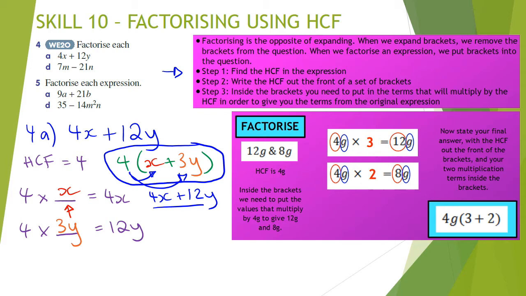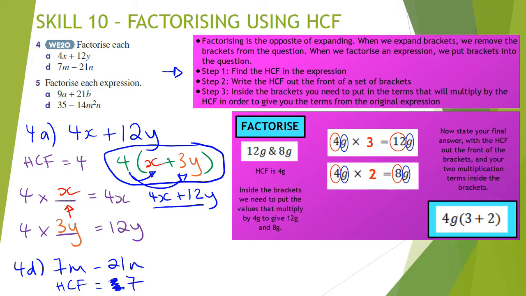If we choose another one, let's do 4d. We've got 7m take 21n. The highest common factor equals, not 3, the highest common factor will be 7.